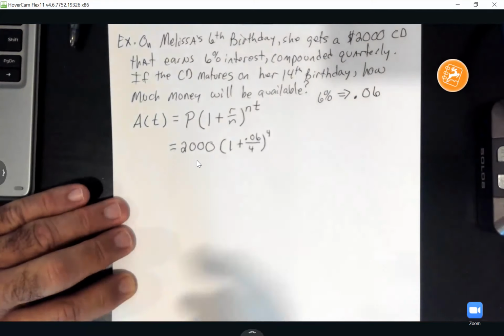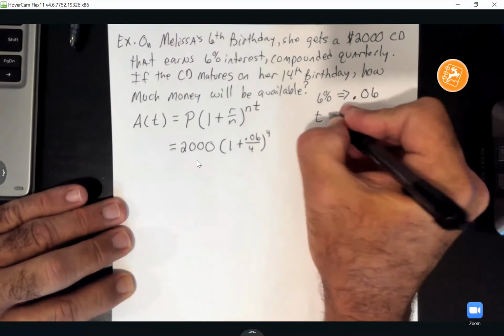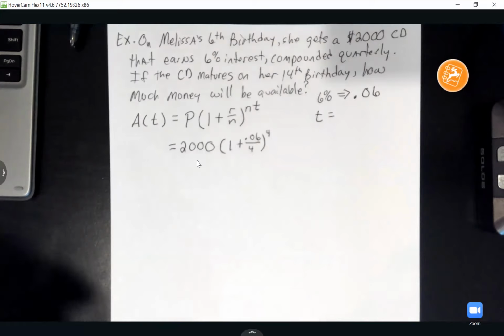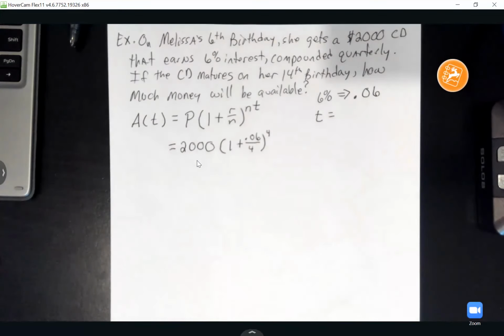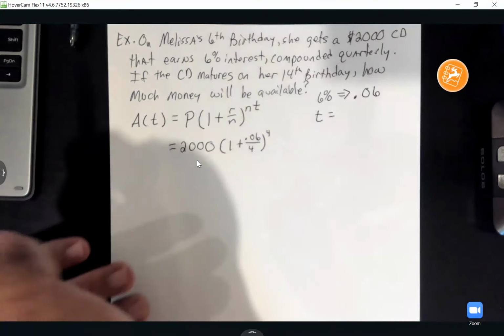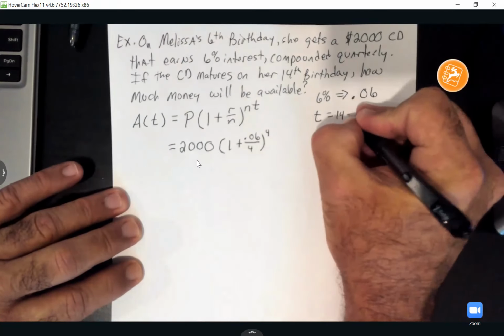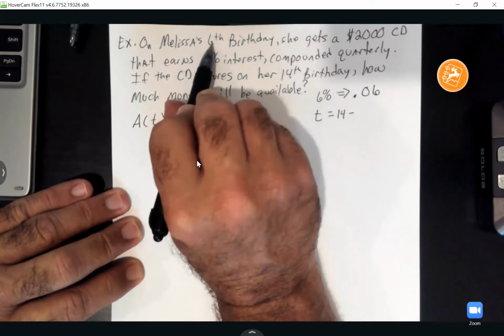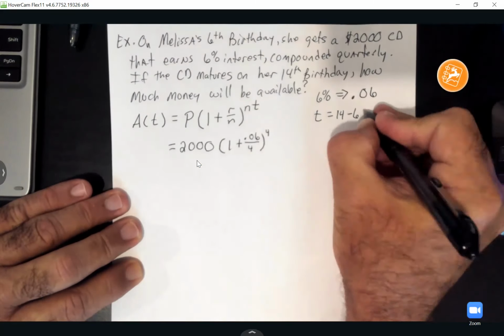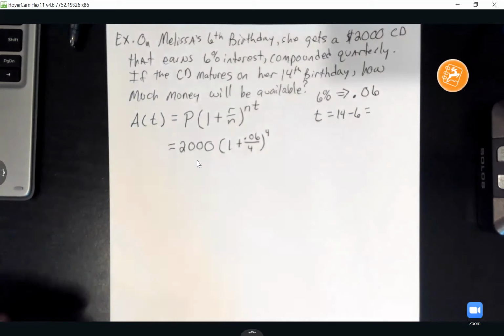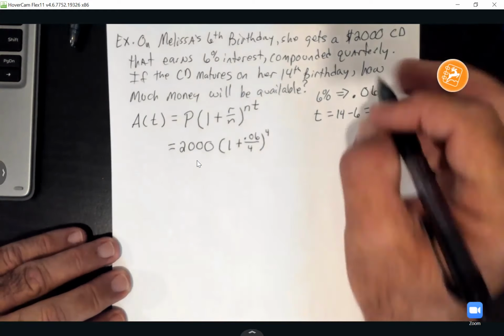So the question of the day, what is my T? How many years is it? Her birthday, like on her 14th birthday? So now to figure out the time that passed, take that 14th birthday minus her 6th birthday. So from the time she was 6 until she hit her 14th birthday, that'd be 14 minus 6.